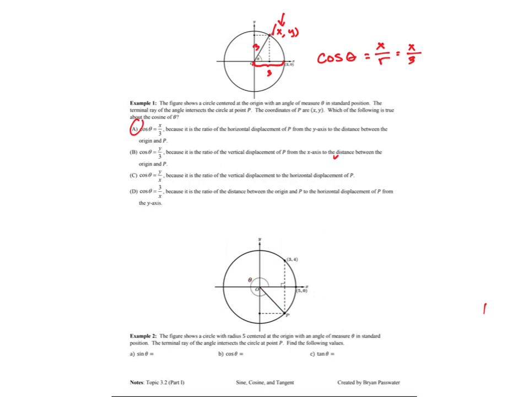And also note that P seems to be a reflection of this point, 3, 4. Seems to be a reflection across the x-axis. So what do you think? 3, what? So point P could be located at 3, -4. I like that. So sine of measure theta would be y over r.